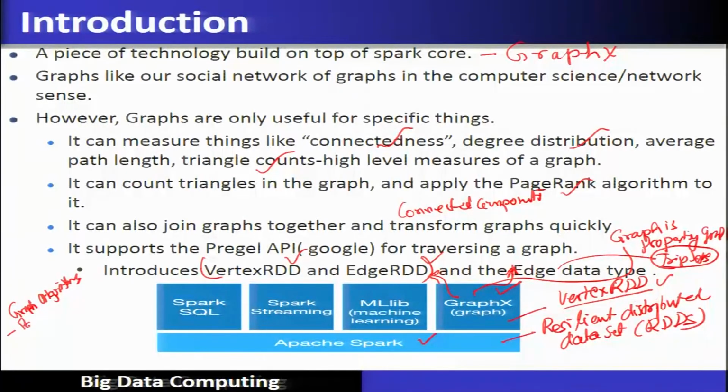Such as the PageRank algorithm, then connected components algorithm, and then triangle counting algorithm, and degree distribution, average path length.